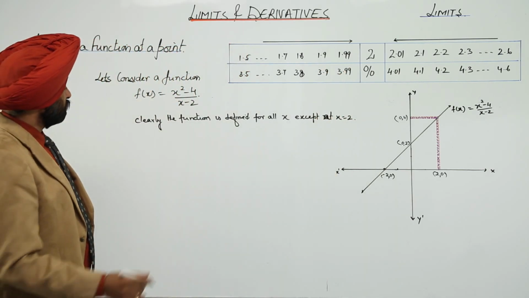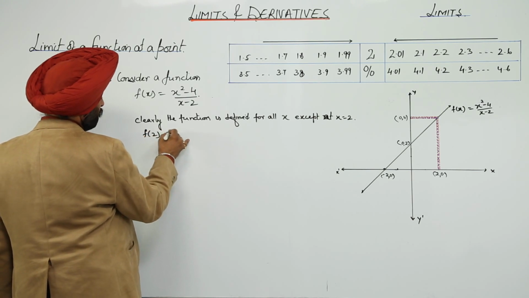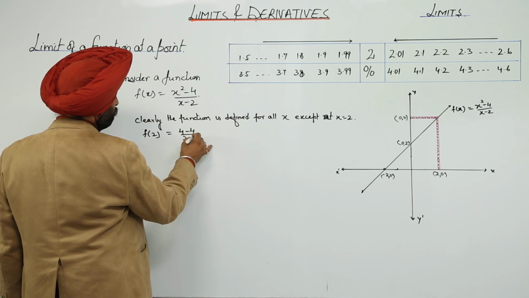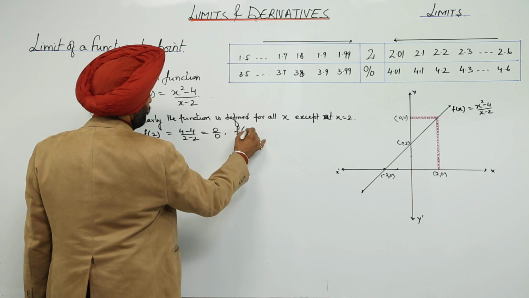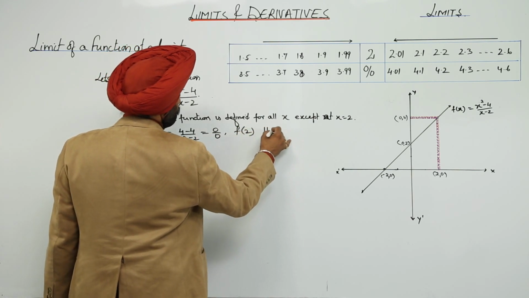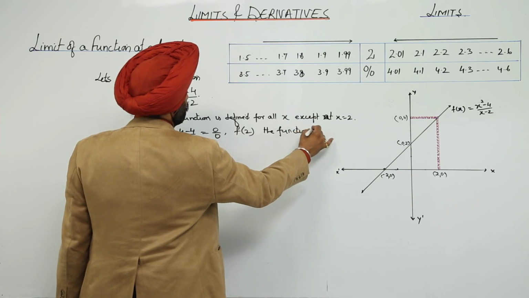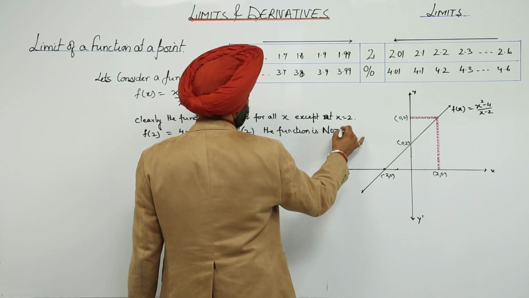So if we put 2, f(2), what do we get? 4 minus 4 upon 2 minus 2, that is 0 upon 0. So at f(2) the function is not defined.